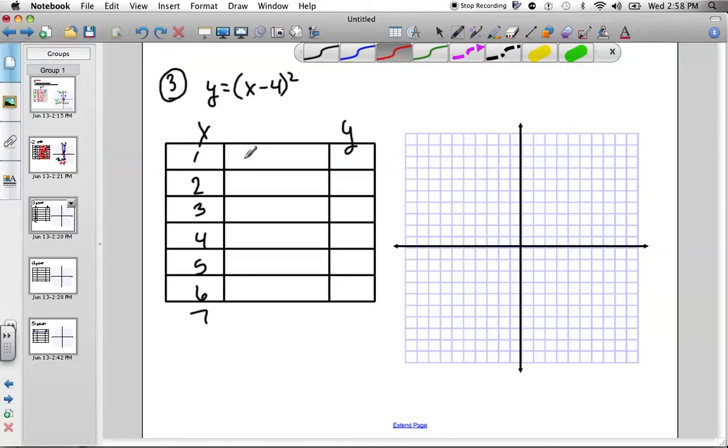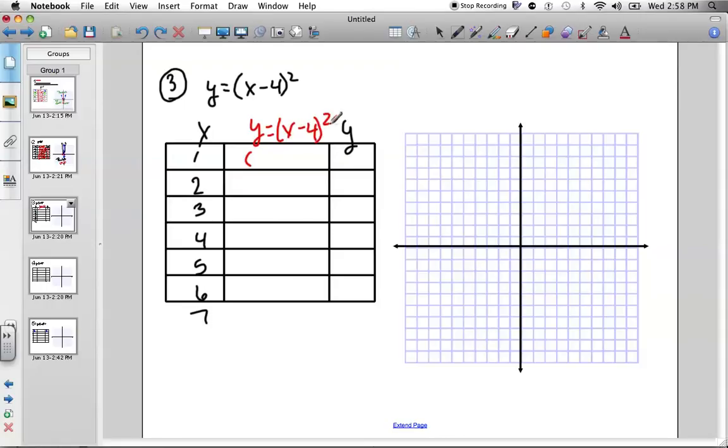So when we do this one, y equals x minus 4, the quantity squared. Put in our input values. 1 minus 4 is -3. -3 squared is 9. 2 minus 4, -2. -2, the quantity squared is 4.